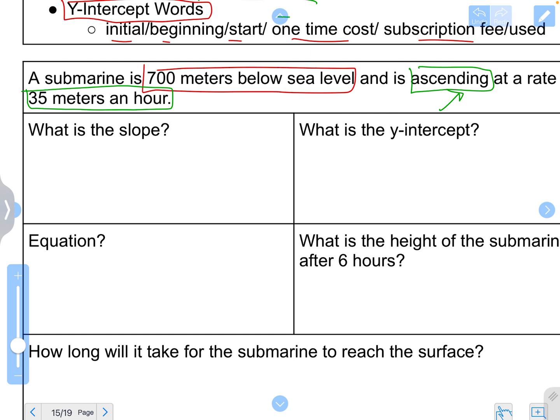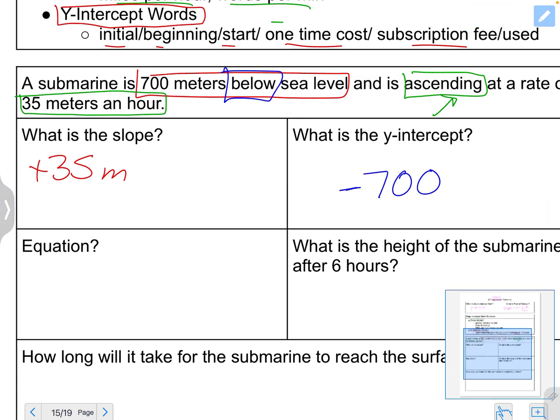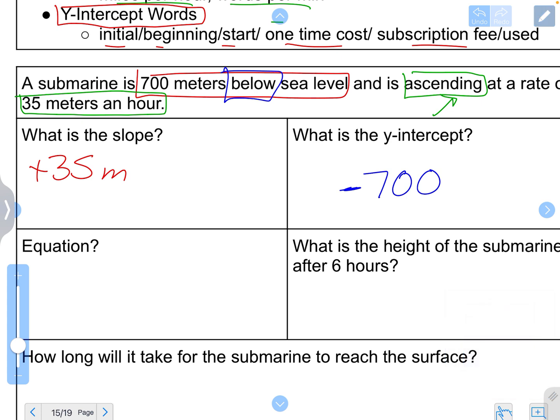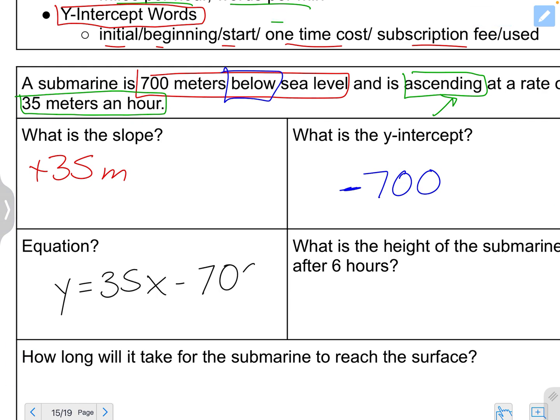So our per, each, every, or an hour, 35, is going to be our slope, and it's going up, so we know that slope is going to be positive, which makes 700 our y-intercept. But because it's below, our y-intercept is going to be negative. So now we can use these two pieces of information, and y equals 35x minus 700.